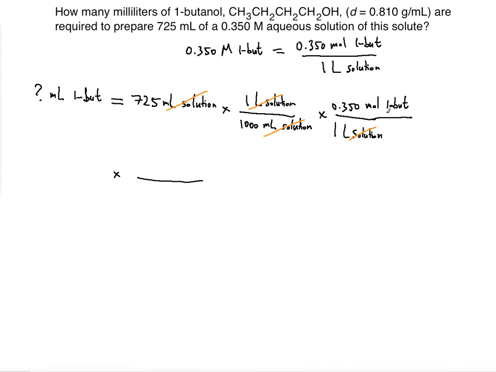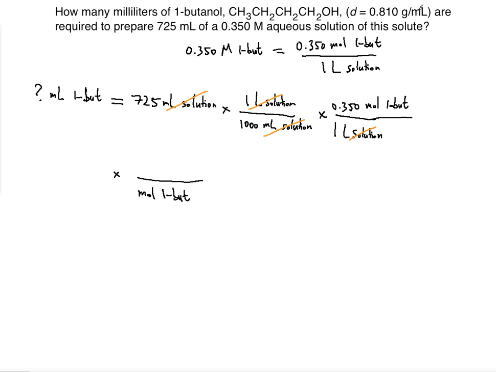Now we're going to have to find this, given as 1 mole of this butanol. So in 1 mole of 1-butanol, we need to find the number of grams. And why grams? Because as you can see, the density will help us convert from grams to milliliters, and that's exactly what we want, because the question asks you to find the number of milliliters of 1-butanol specifically.